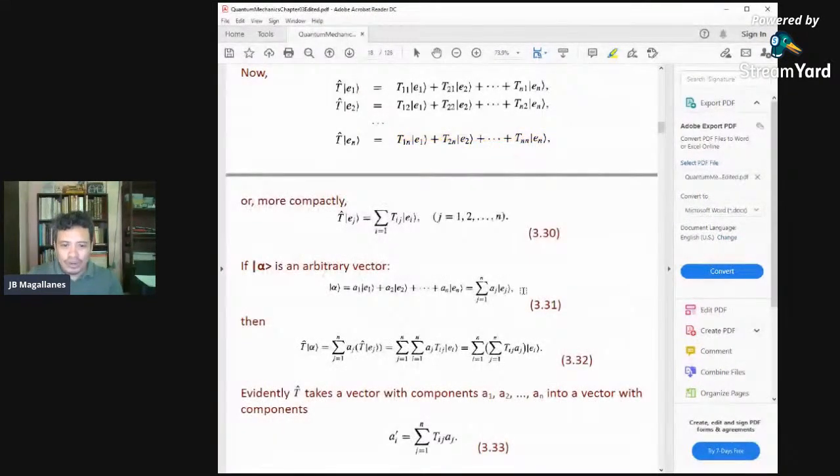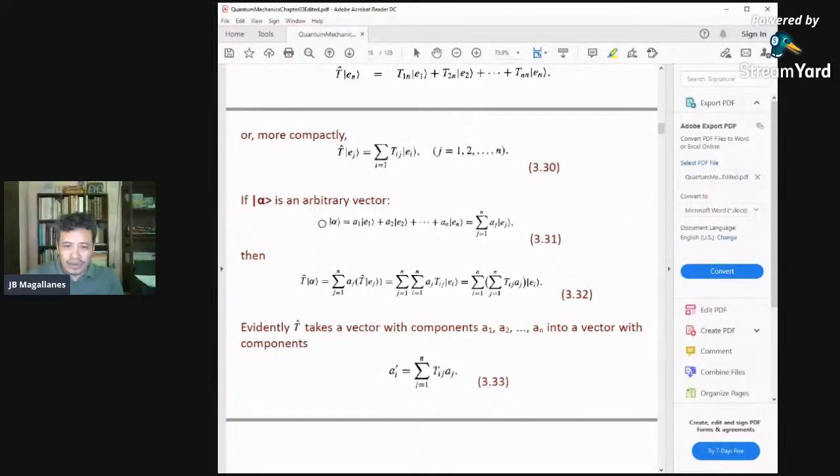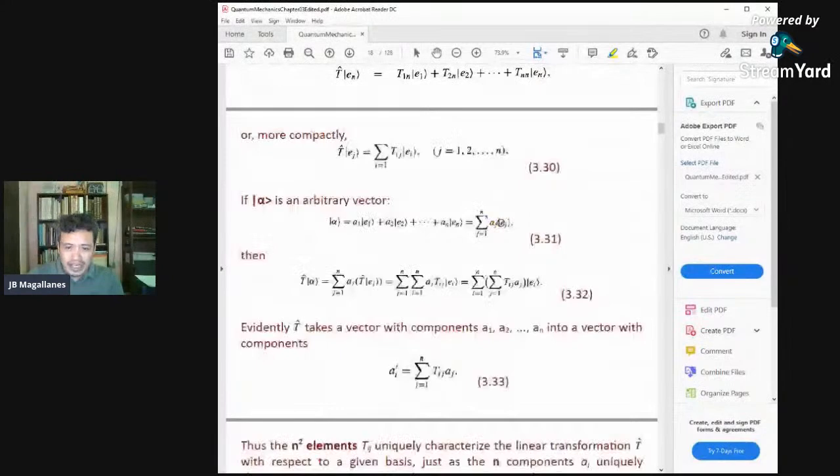So for any arbitrary vector alpha, you can write it in terms of the original basis. When you transform it, you have to transform the alpha by applying the operator T here.